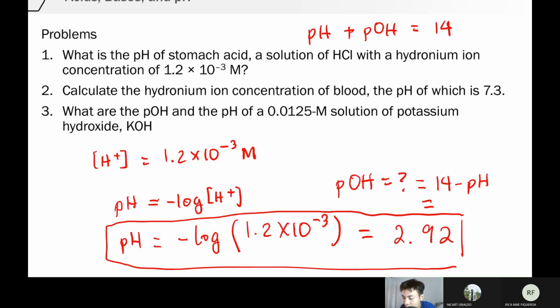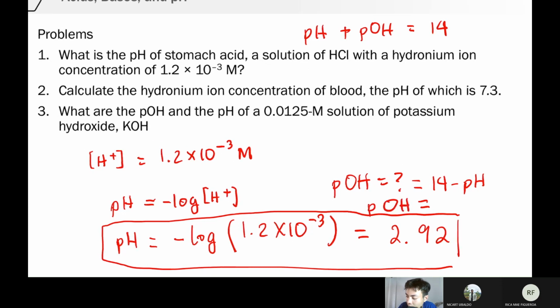So that will be 14 minus 2.92. Your pOH will be 11.08. So pag pinag-add mo yung pOH and yung pH, that will always give you 14.